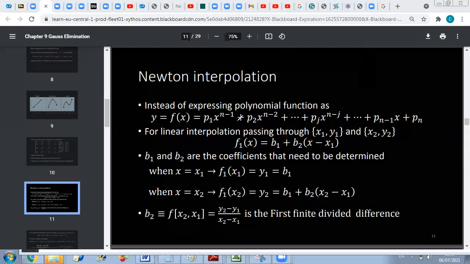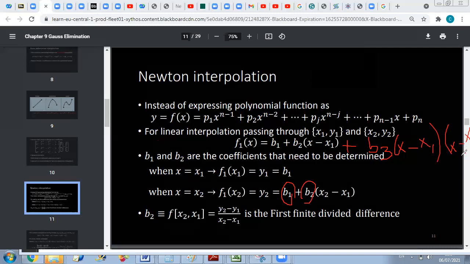Now, what is positive here about Newton interpolation? For example, if you start with a linear interpolation, and then you decide to proceed with a quadratic interpolation, b1 and b2 will not change. You know why? Because when you want to write a quadratic expression, you will have y equal to b1 plus b2 times x minus x1, plus you will add b3 times x minus x1 times x minus x2.